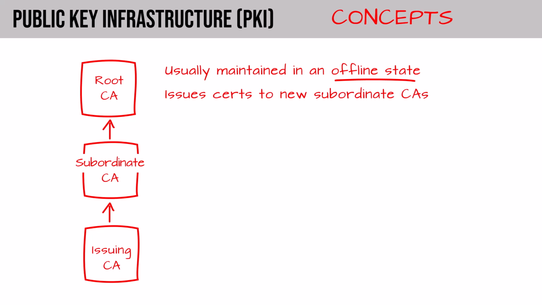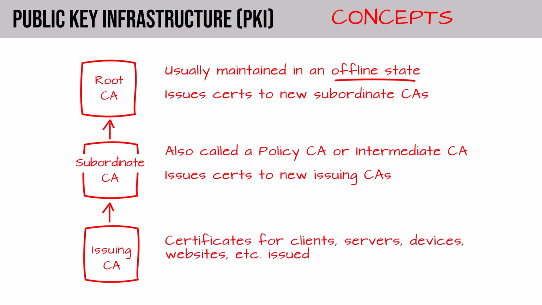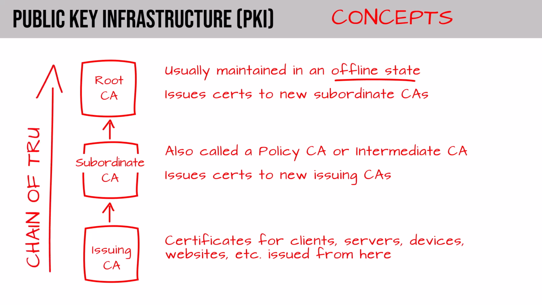You'll see that subordinate CA, sometimes called a policy CA or an intermediate CA, multiple names for the same thing. And its role is to issue certificates to new issuing certificate authorities. And the issuing CA focuses on exactly that, issuing certificates for clients, servers, devices, websites, etc. That represents your chain of trust.